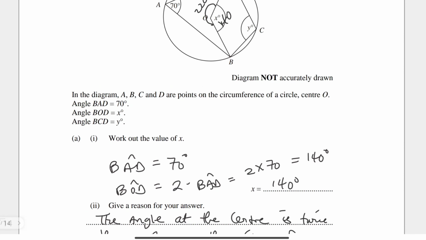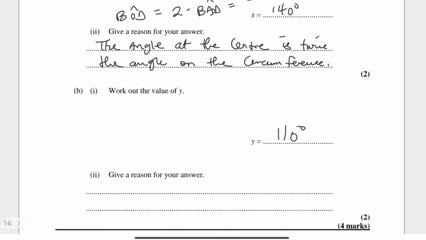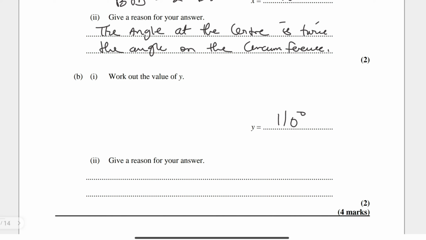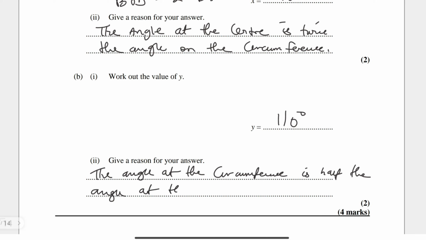So give a reason for our answer. There are two reasons we can give, and both are correct. The first reason is the angle at the circumference is half the angle at the center.